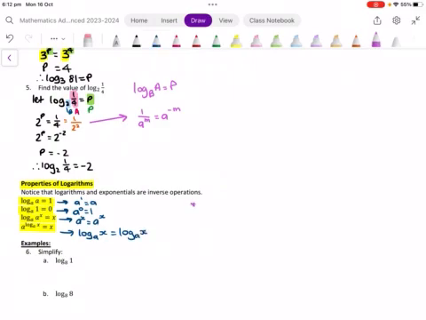Now on our reference sheet, we have these properties really hidden as this. On our reference sheet, we have log base a of a to the x is equal to x is equal to a to the power of log base a of x.